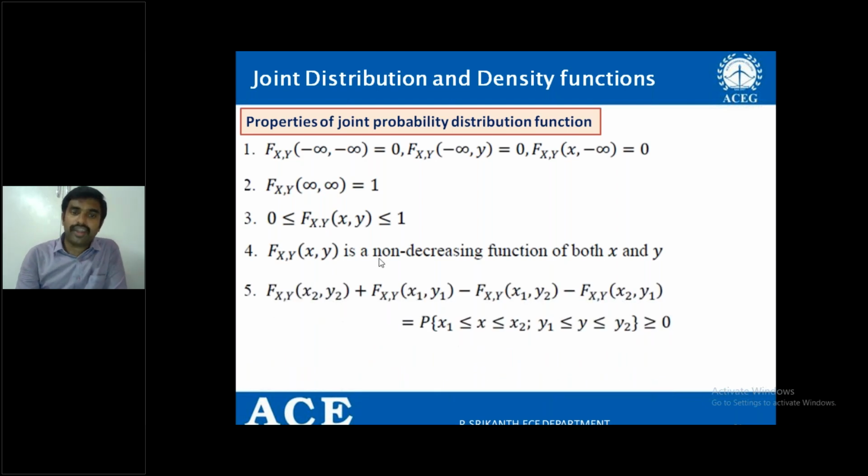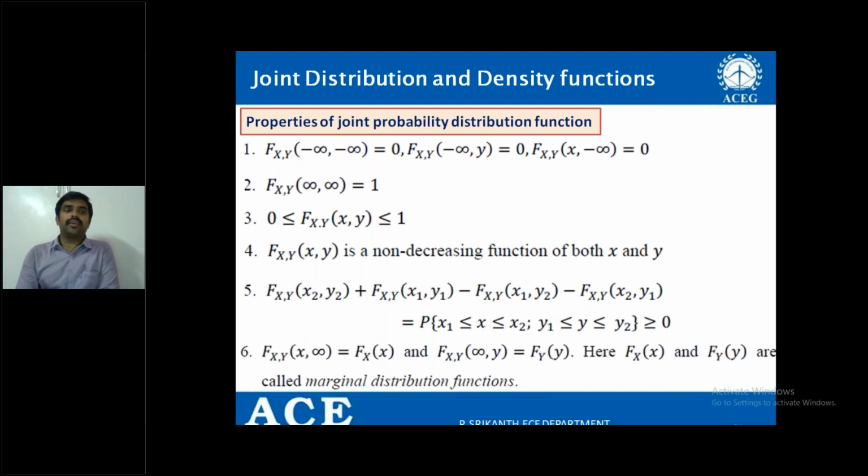So if I want to find the joint probability of two events, x1 less than or equal to X less than or equal to x2, y1 less than or equal to Y less than or equal to y2, I can use this relation by using distribution functions. Fxy of x2 comma y2 plus Fxy of x1 comma y1 minus Fxy of x1 comma y2 minus Fxy of x2 comma y1, right?